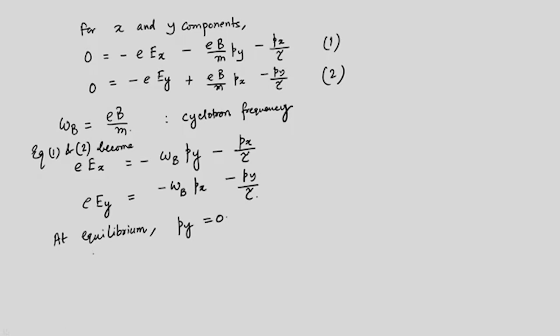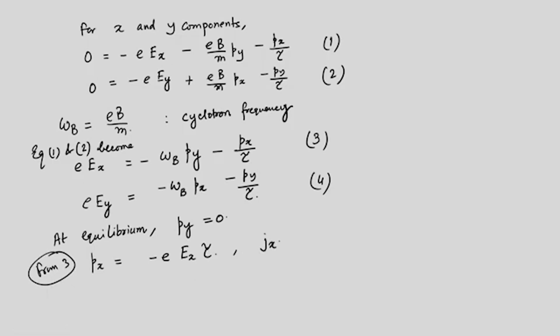So, if you put that, then what you get is that Px is equal to minus Ex tau. This Px comes from the first equation. Let us call it equation number 3, and then equation number 4. So, from 3, you get this.